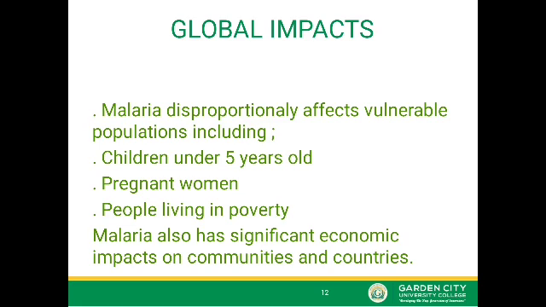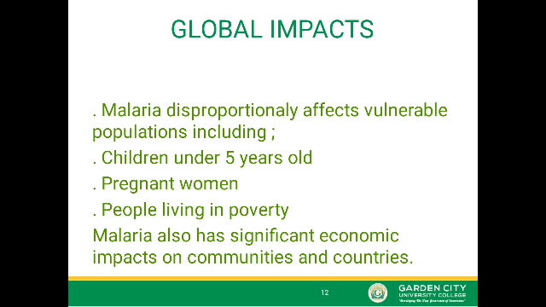How malaria affects global impacts. Malaria disproportionately affects vulnerable populations, including children under 5 years old, pregnant women, and people living in poverty. That's why in the course of your pregnancy, when you go to the ANC, you are given anti-malaria drugs to prevent you from getting malaria, which can affect the mother and also the baby.